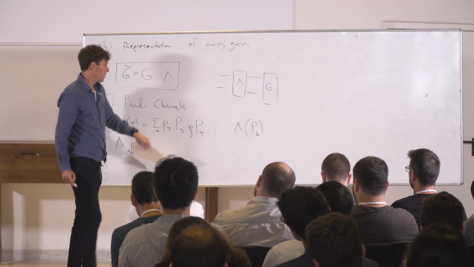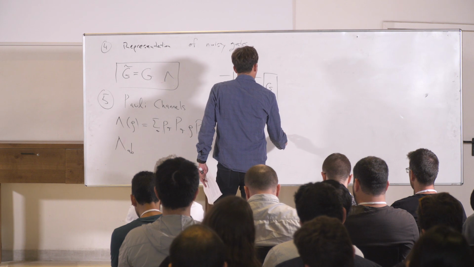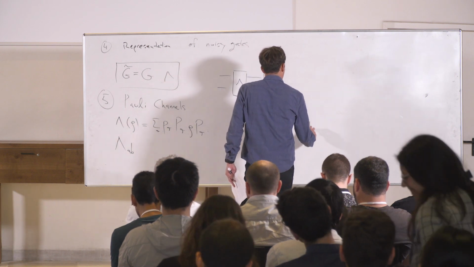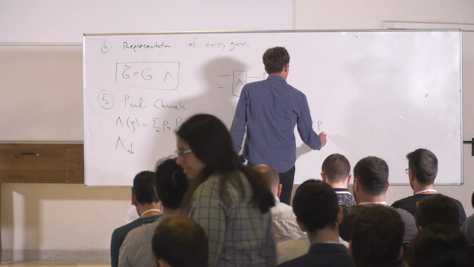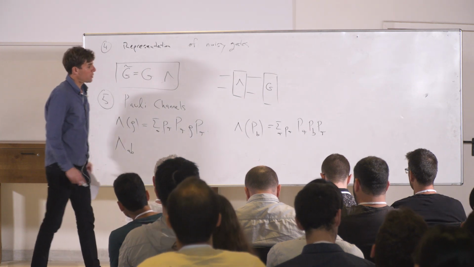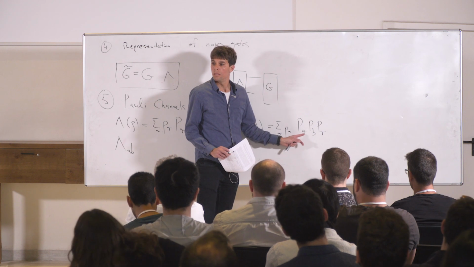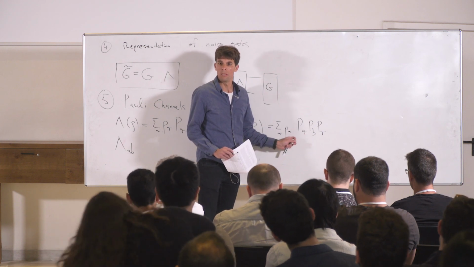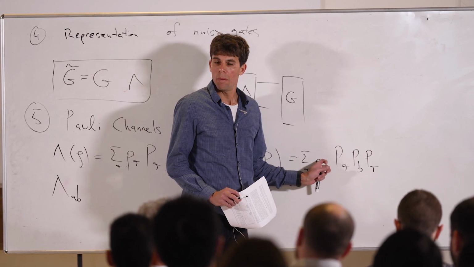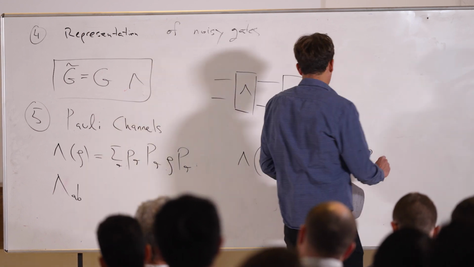So I'll have a sum over alpha, P alpha, P alpha PB P alpha. So what can this multiplication of Pauli operators be? For each alpha, there are two possible options. Either P alpha commutes with PB, or it doesn't commute.